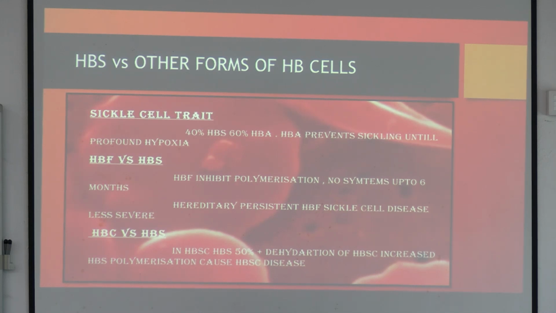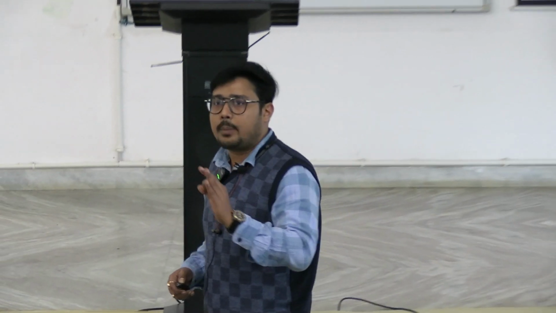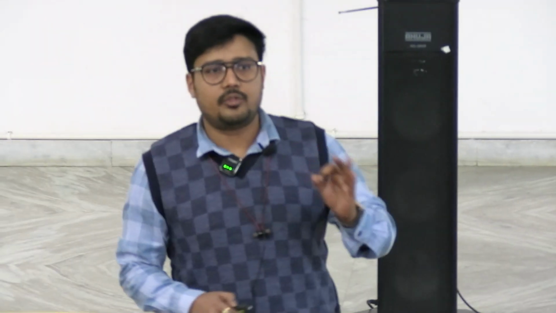Okay, so HbF or fetal hemoglobin has more oxygenation capacity. So if HbF is present, it prevents the sickling and prevents the clinical symptoms from appearing. So the patient of HbS disease or HbS trait won't get significant symptoms up to 6 months of age. Why?